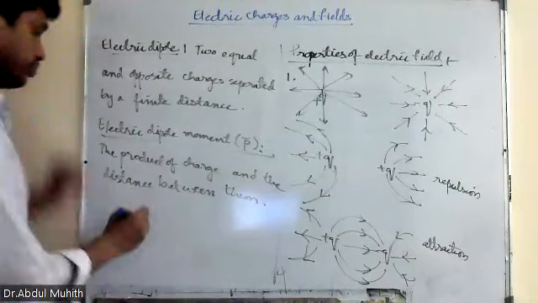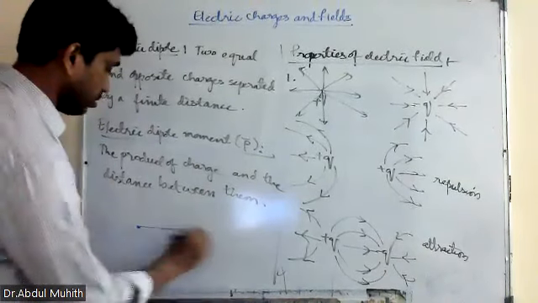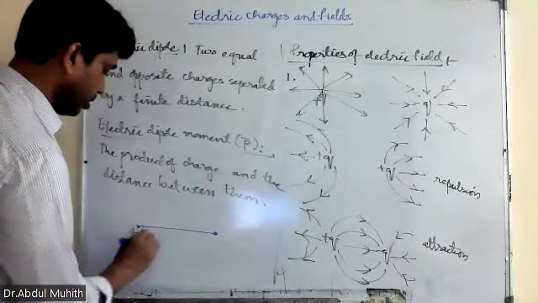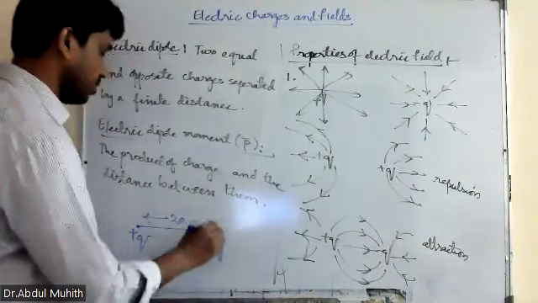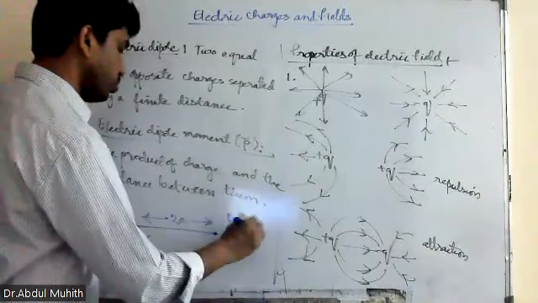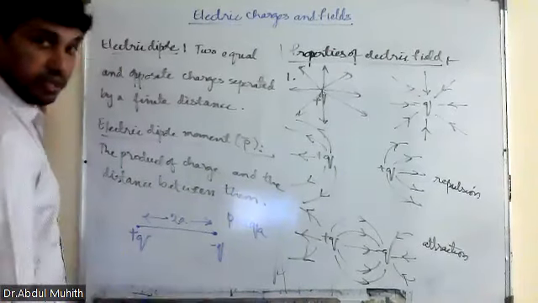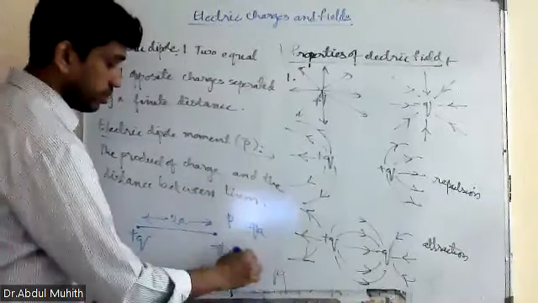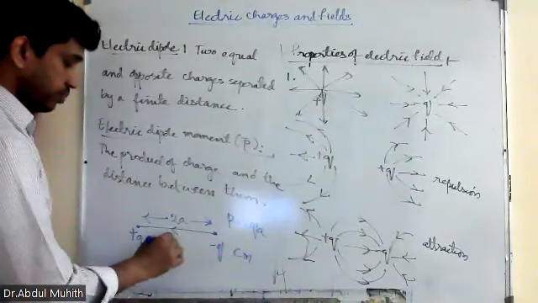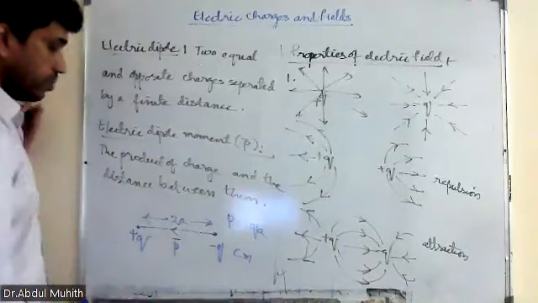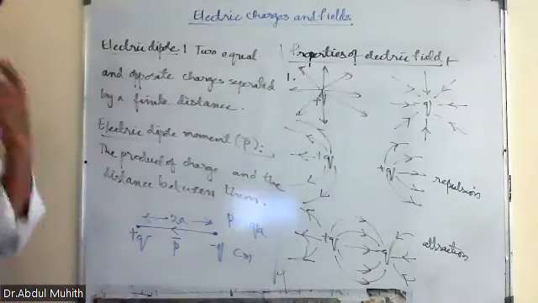Suppose there are two charges here, this is positive charge and this is negative charge, separated by a distance of 2a. So P is equal to 2qa. That is the formula, and the unit is Coulomb meter. And the electric dipole moment direction is from minus to plus. Clear?